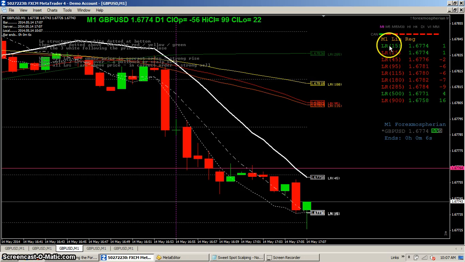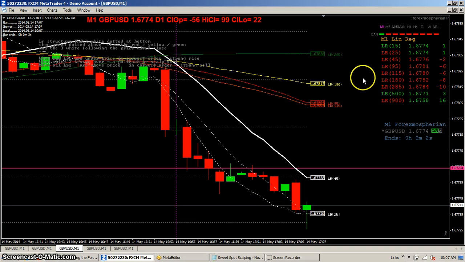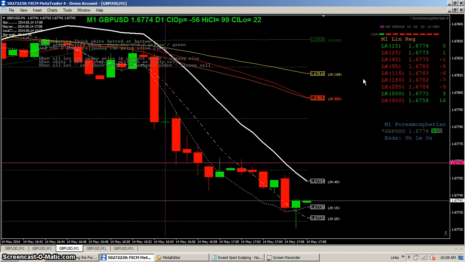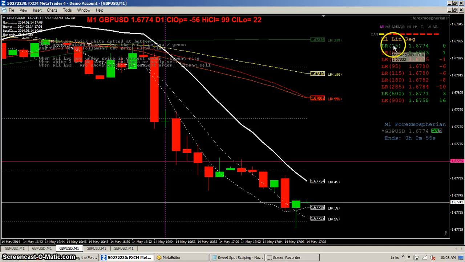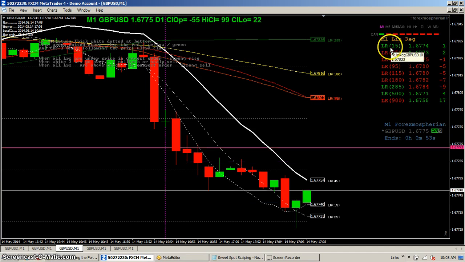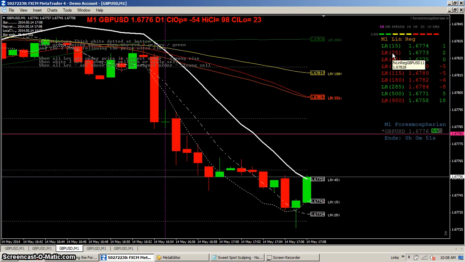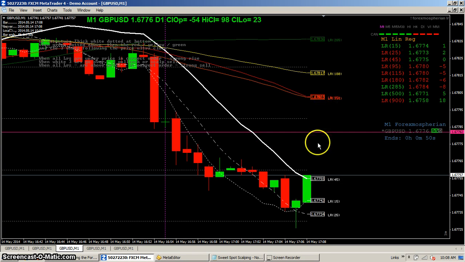If this is green, that means the linear regression is pointing up. If this is red, it means it's pointing down. In other words, the current level is higher than the previous level, or the current level is lower than the previous level.